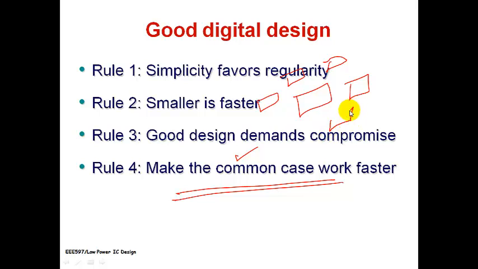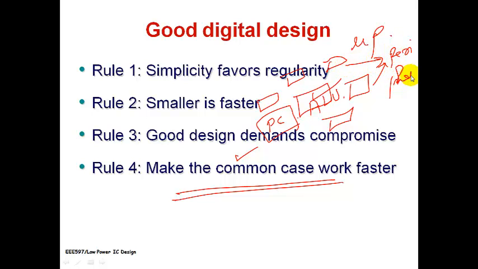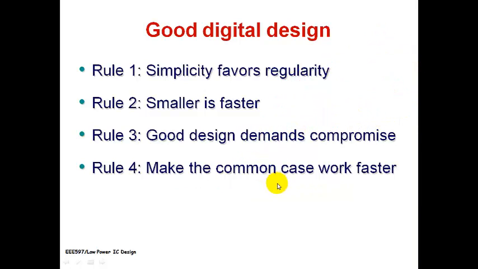For example, whenever we talk of a microprocessor, we talk about the ALU inside working efficiently, and after designing the ALU, next would come the control unit, program counter and all, and then only you would go for the peripherals, which would work for the speed necessary for your particular ALU. So if you concentrate efficiently on the common case, naturally you would get a better design.